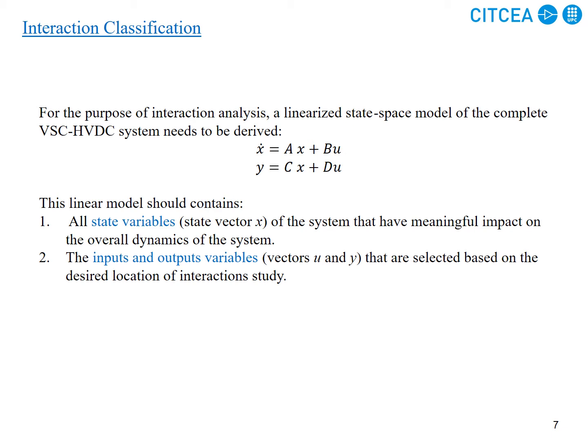In order to quantify interactions, we need a model of the system, and any system, at least in electrical engineering, can be modeled via state space equations. The linear model has states, which are in the state vector x, and there are quite different interactions.